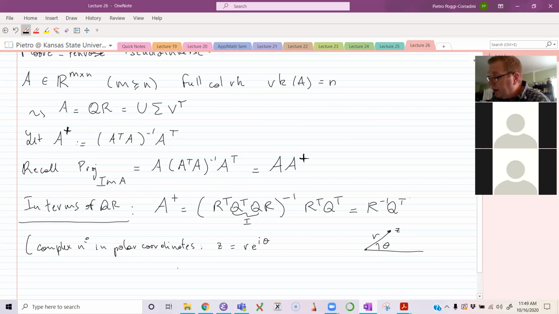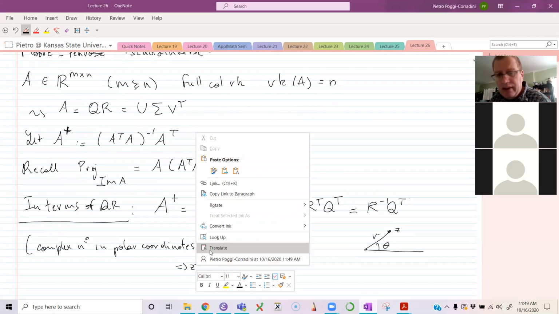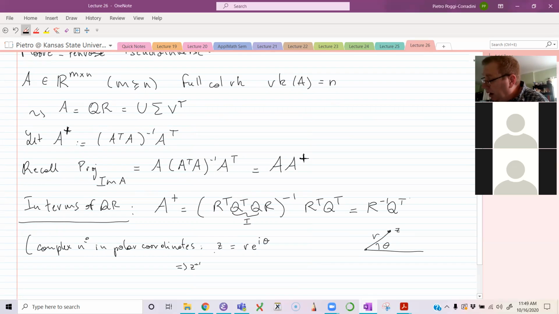And so when you take the inverse, right, it's always good to have this kind of analogies, at least I think. When you take the inverse, what are you going to do? Well, you're going to take 1 over. But of course, you can write this as r, the magnitude. r inverse of the magnitude is e to the minus i theta.